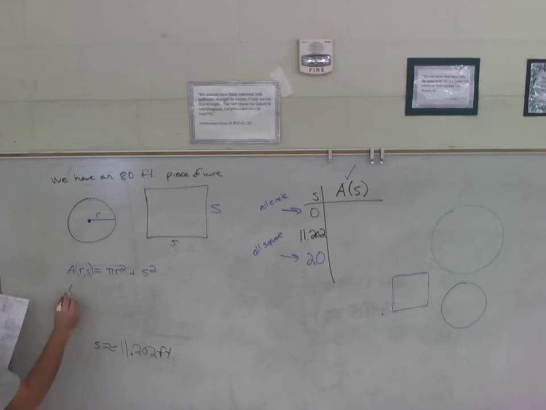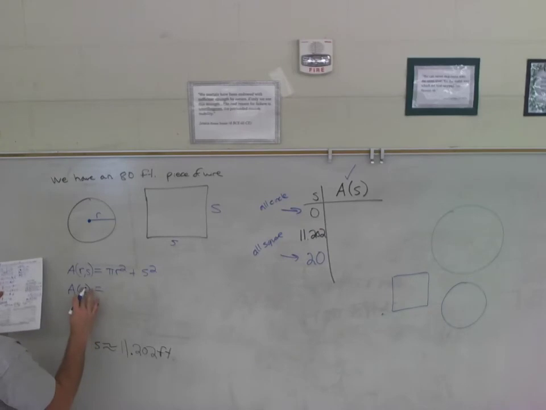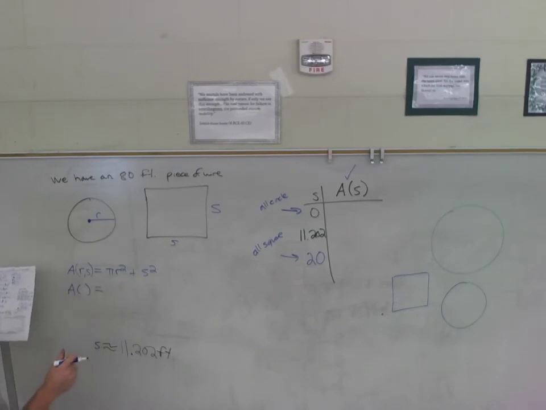So we had that A of S was... we had it as A of R. You wrote it as A of R. I don't know. It was A of S. Was it A of S or A of R? I forget, because I switched from what I did in my notes.